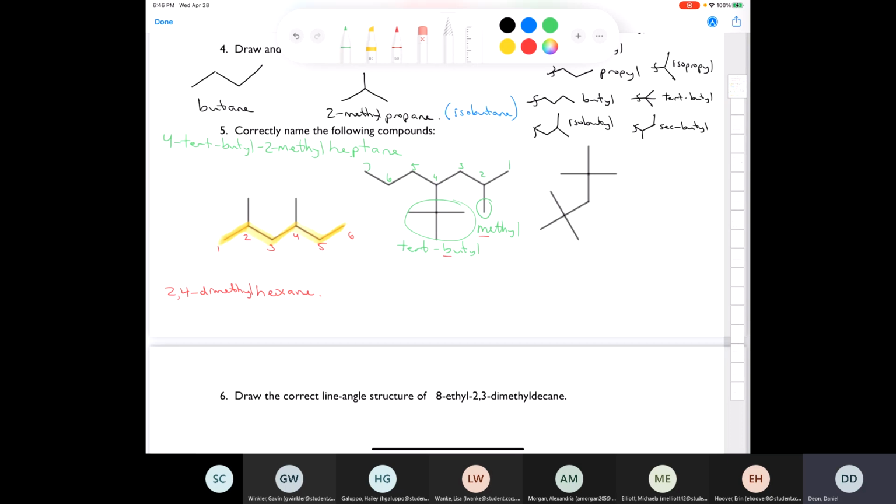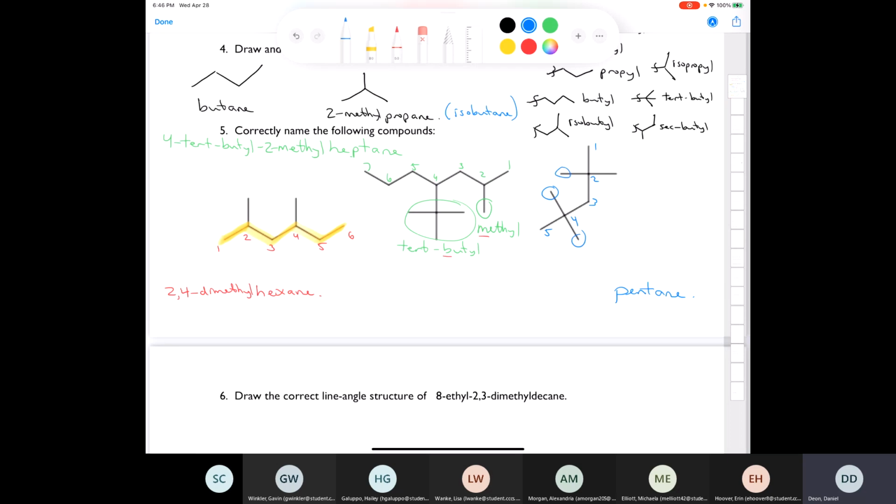There's many ways that you could write down the longest carbon chain here. You could say, I've got 1, 2, 3, 4, 5 carbons like that. That totally works. I mean, you could do it a whole bunch of ways, and you're always going to get the same answer. This is some kind of pentane, since it has 5 carbons in the longest chain. What else? We have 4 branches, right?